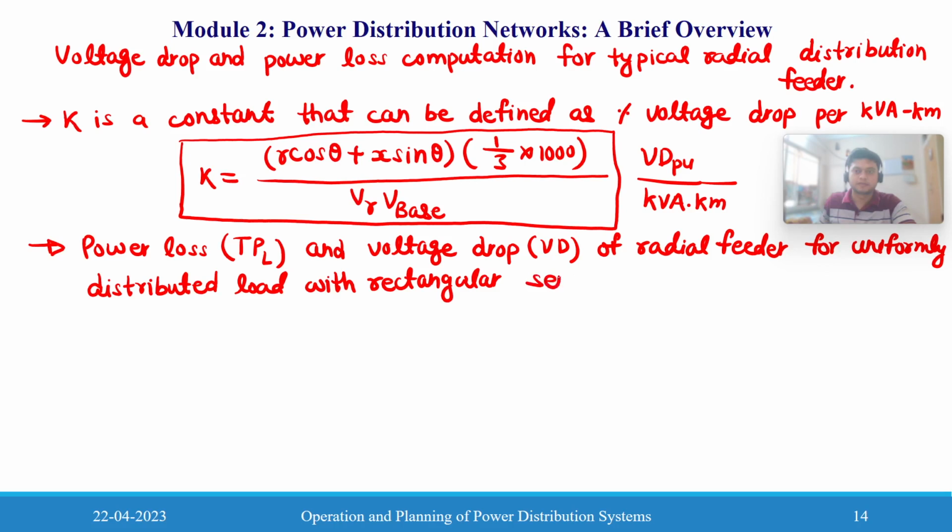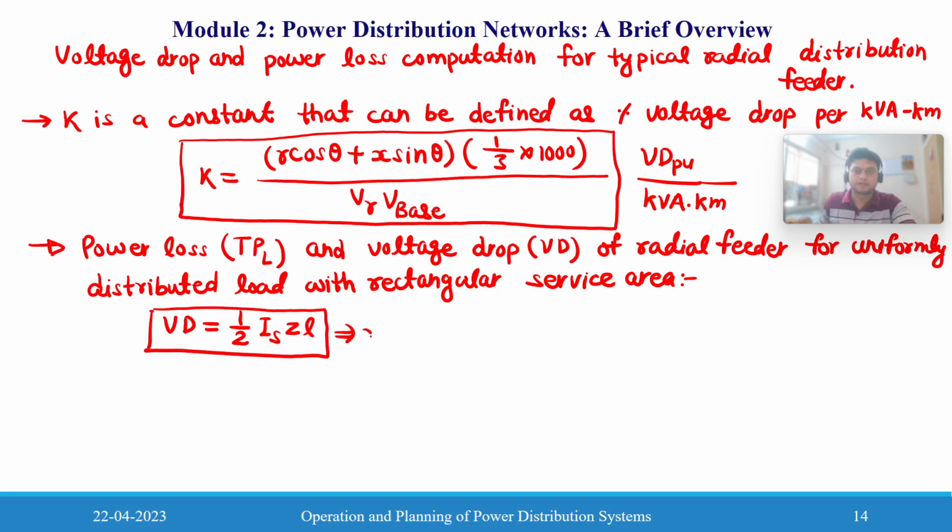The voltage drop will be half of I_S Z L. If we want to use a lump load, then the effective length is X equal to L by 2.